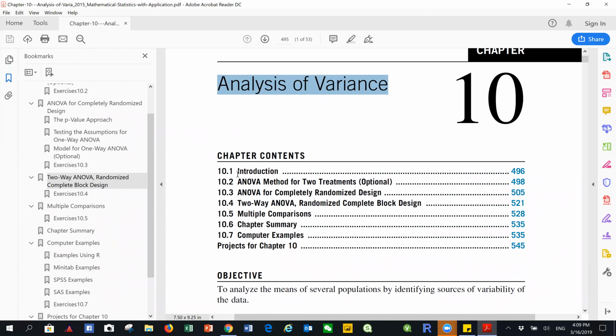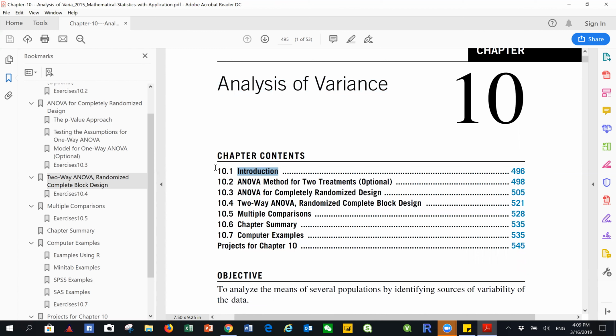We should cover 10.1, 10.3, 10.4, and 10.5. The reason for skipping 10.2 is that we already covered 10.1.